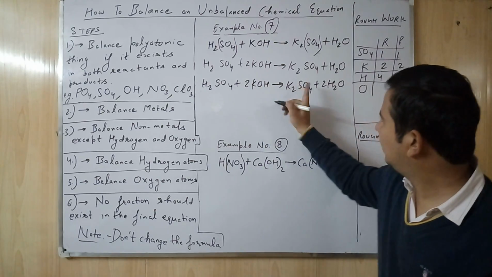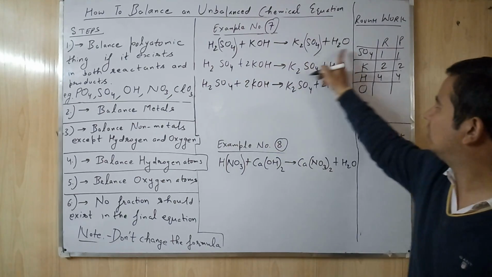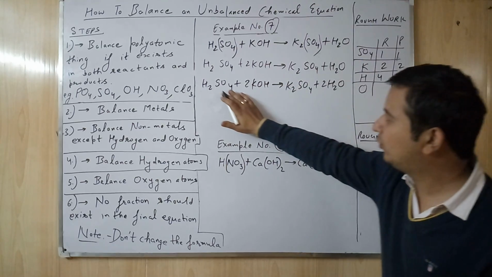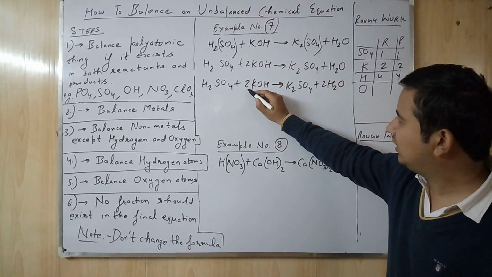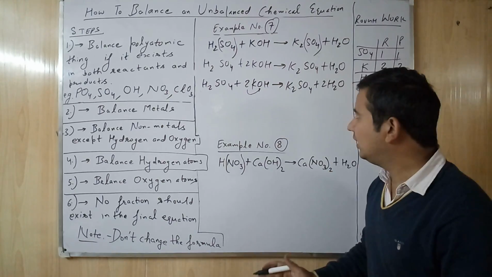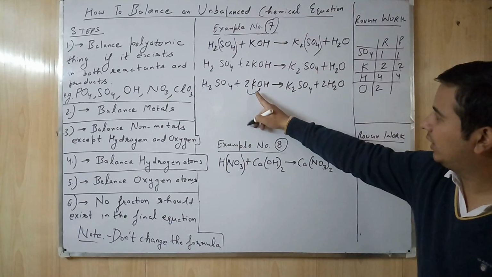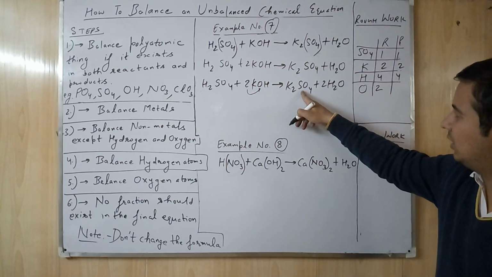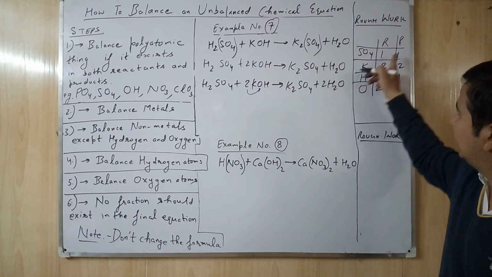How many oxygen atoms are there? Now no need to count the oxygen of SO4, because SO4 is already balanced, so we are not going to focus on the oxygen atoms of SO4. Yes, this oxygen atom will be taken care of. So how many oxygen atoms are there? 2 on the reactant side. Now move to the product side. Again, we will not take care of the oxygen atoms of SO4 because SO4 is already balanced here.